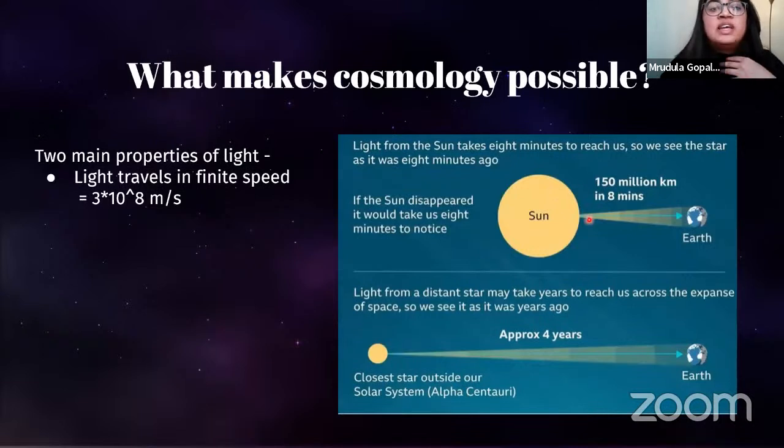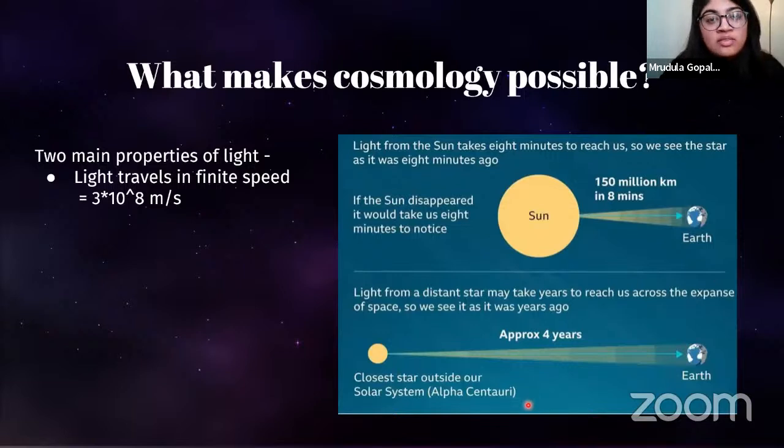If the sun were to explode, we would not have any clue until 8 minutes after that. Since light travels at a finite speed, everything we observe, we are looking at the past, basically. The light from our nearest star system, Alpha Centauri, takes about 4 years to reach us, so whenever we observe it, we are seeing how it was 4 years ago.